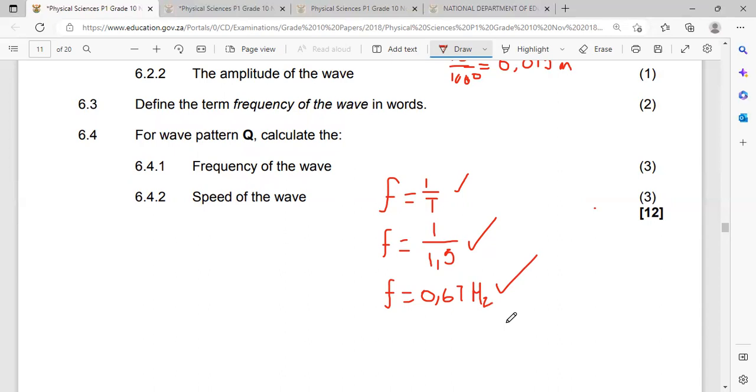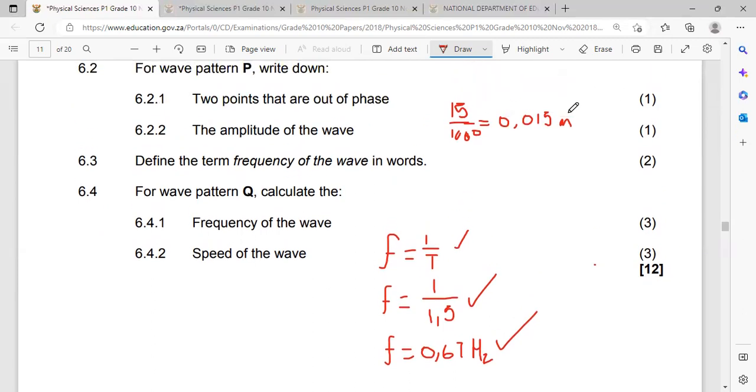I don't think I introduced you to the SI units that you're gonna use. In this situation, we're gonna use, I think, only 3 units. You're gonna use meters, as indicated here when we're finding our amplitude.